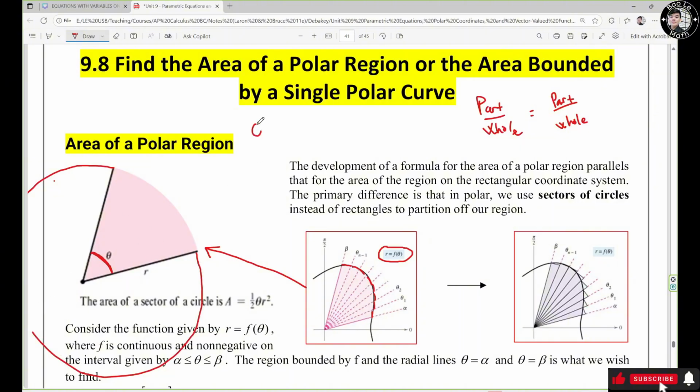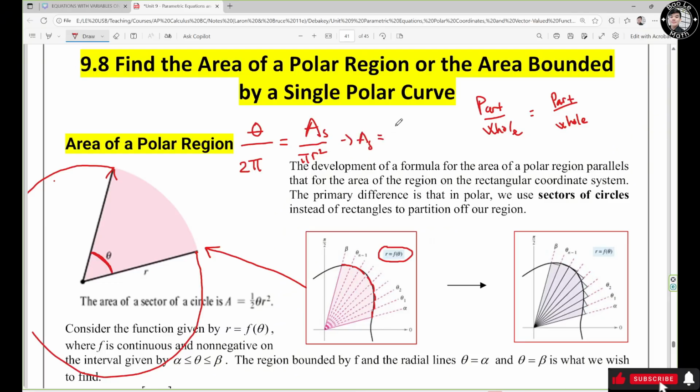So we have angle theta over 360, which is 2 pi, equals the area of the sector, A_S, over the area of the circle, which is pi r squared. Now I need to calculate the area of the sector.